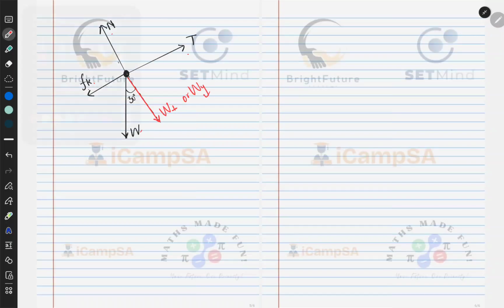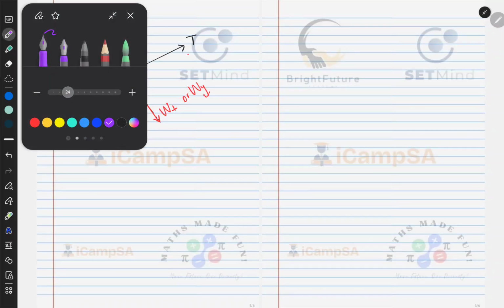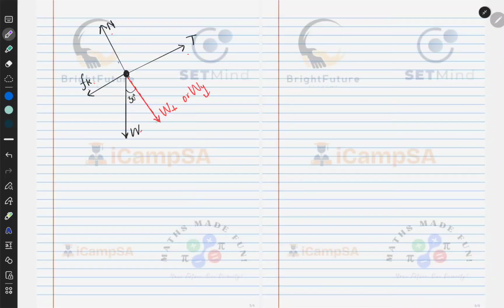And then this weight will also have an x component. I'm using different colors so you can see it.